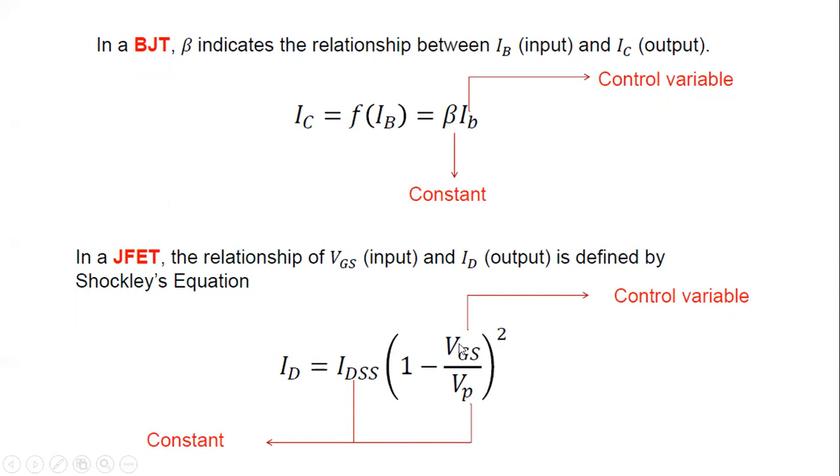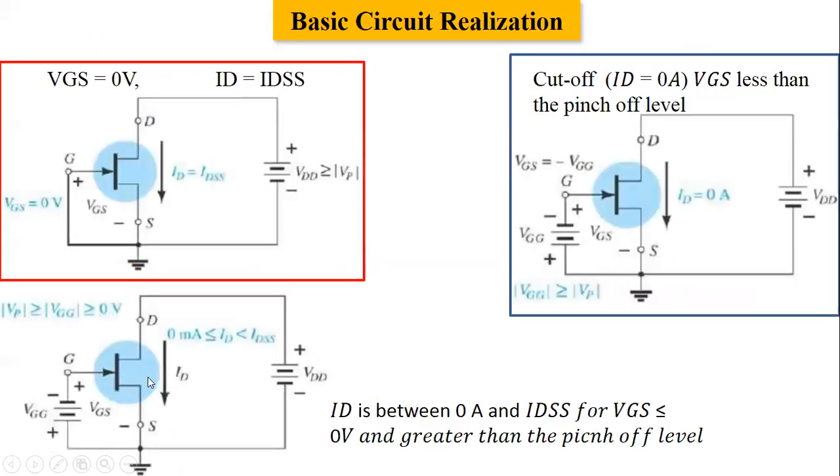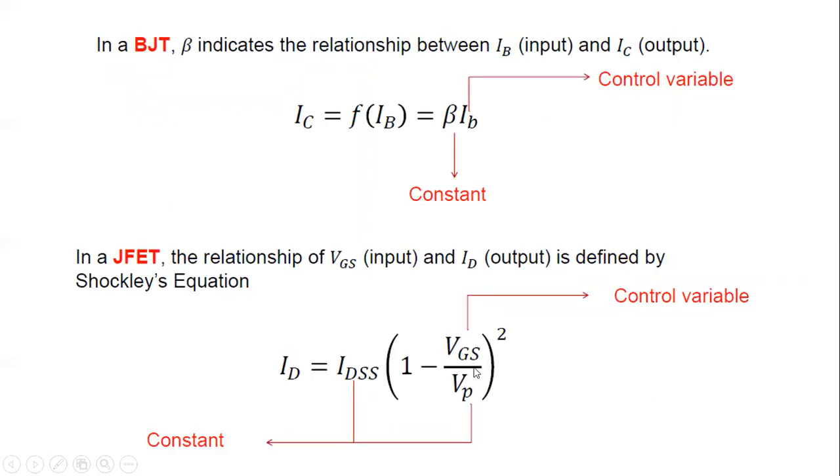Whatever the current that is varied is completely dependent on our VGS, up to VP. This is how VGS controls the current, so we get the current ID flowing through the drain to source terminals.